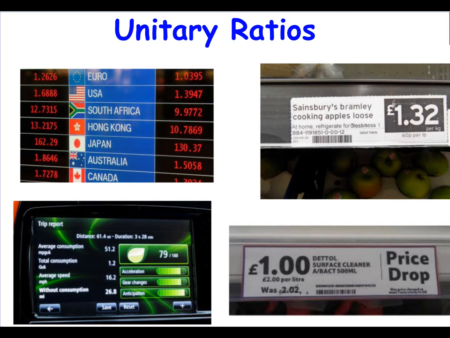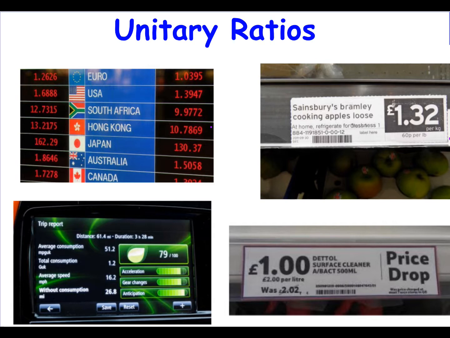Here are a few examples that I came up with. Now, one of them is exchange rates. So when you're going abroad, you might have an exchange rate of £1 to $1.39. Another place you come across them is when you go to Sainsbury's.